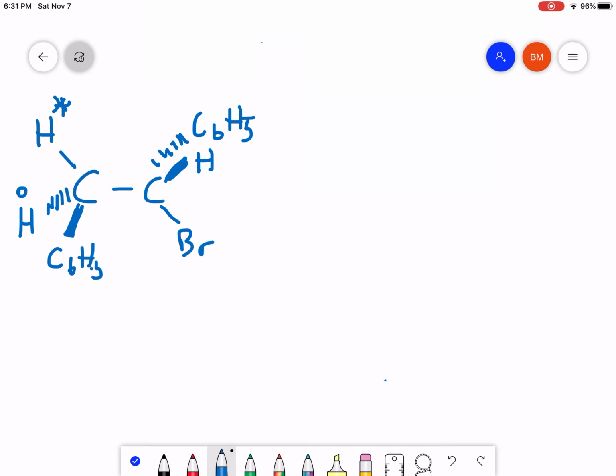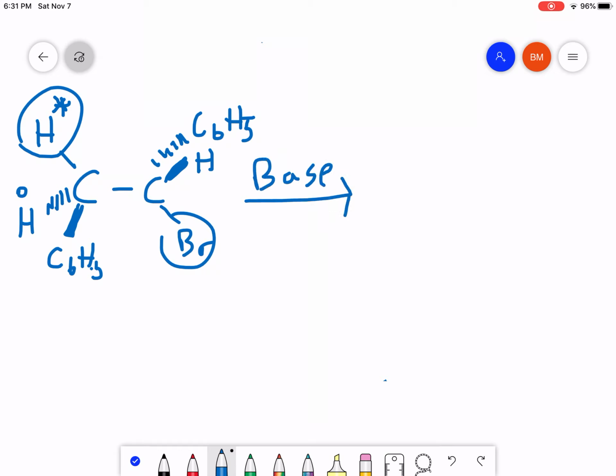There we go. Okay? All right, so you see, again, we have a beta hydrogen and the halogen in a nice anti-periplanar arrangement. So we can kind of follow what we did last time. Right? We have a C6H5 on the right carbon and an H on the left carbon on the same side. So we would have this.